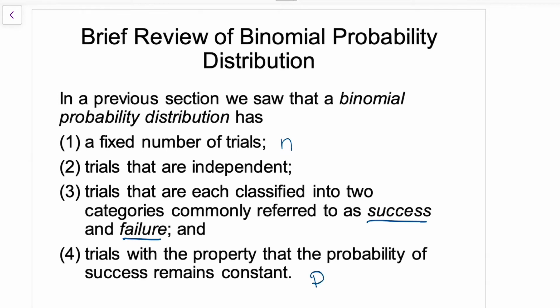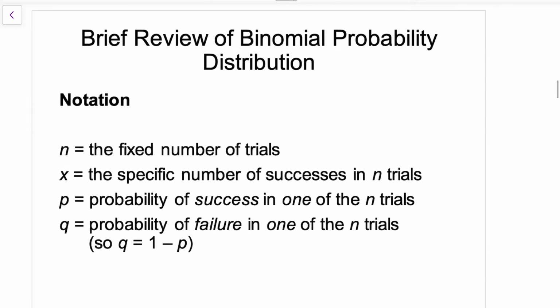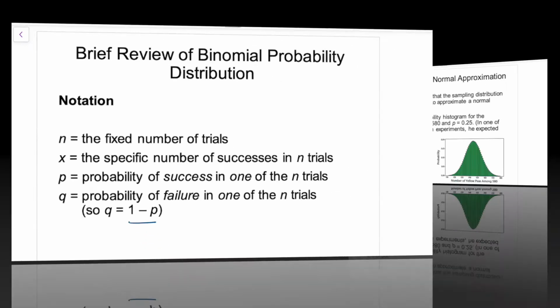We said that that probability was lowercase p. And here are the main notations that we've used: n was our fixed number of trials, x was the specified number of successes, p is the probability of success, and q is the probability of failure, which we represent by 1 minus p.